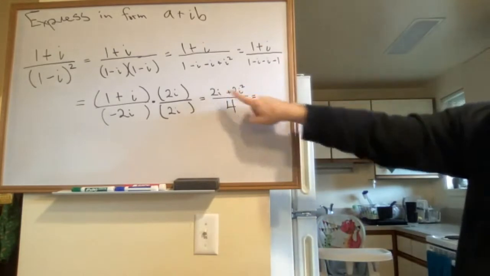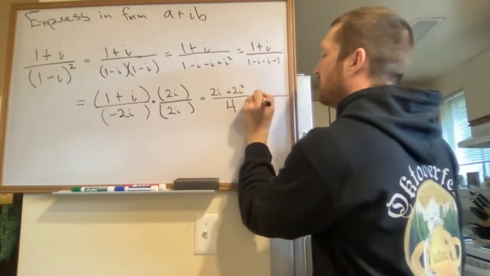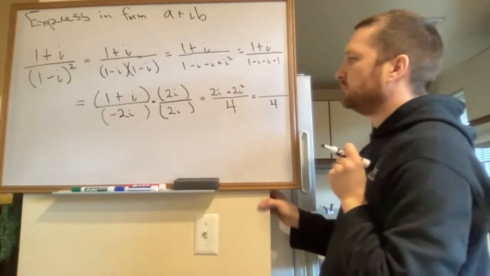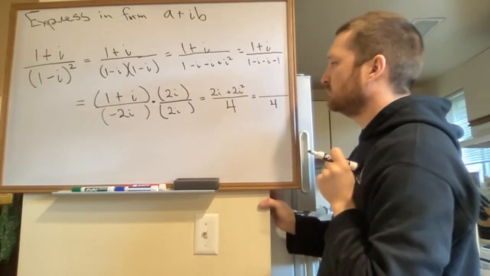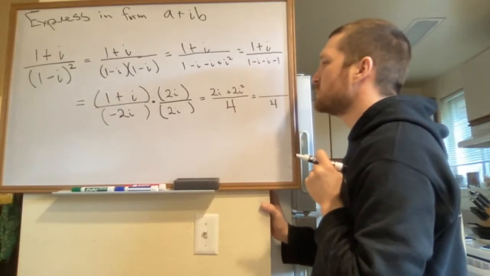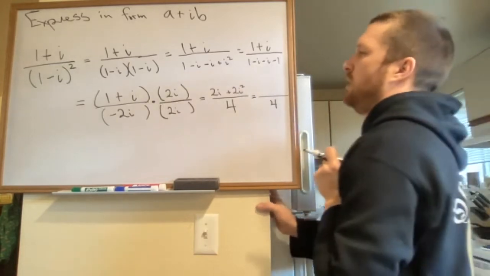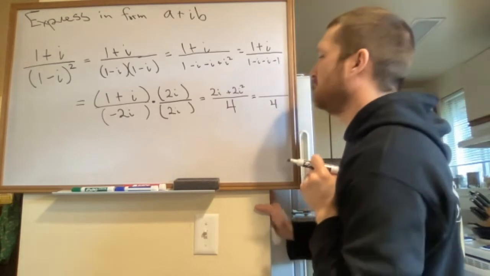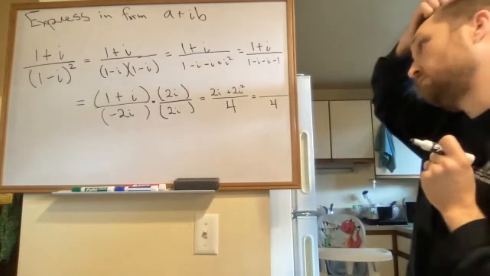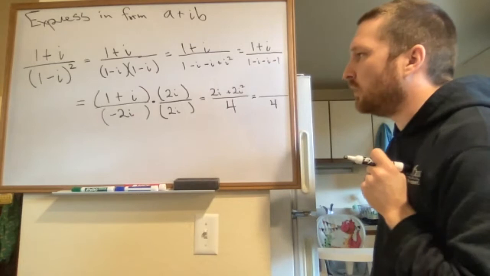So how would I rewrite this with my real and then imaginary? Well, what is i squared?